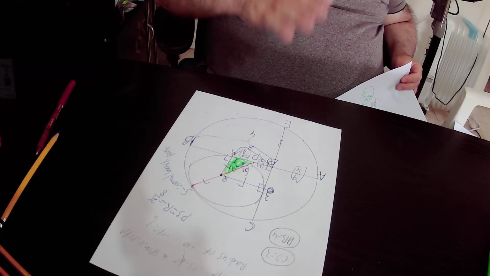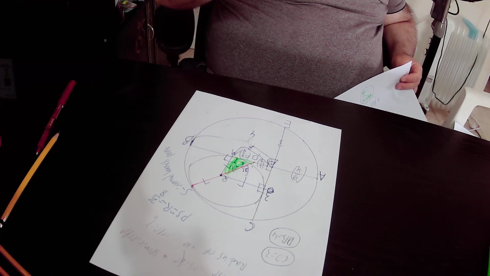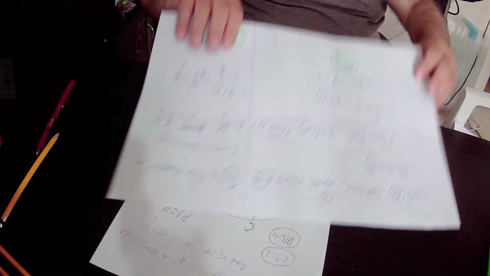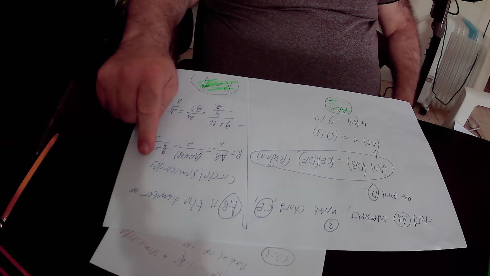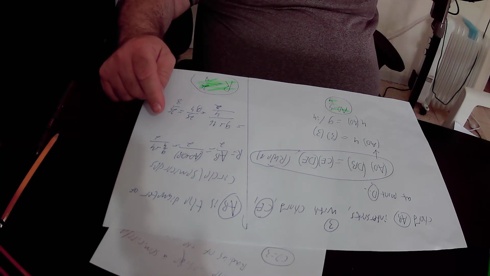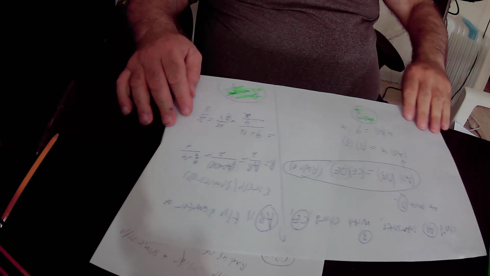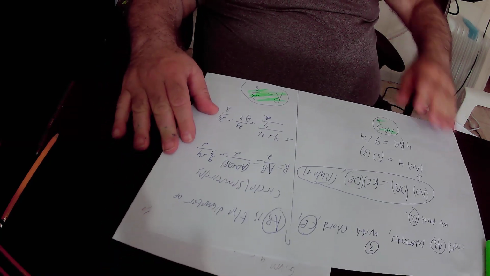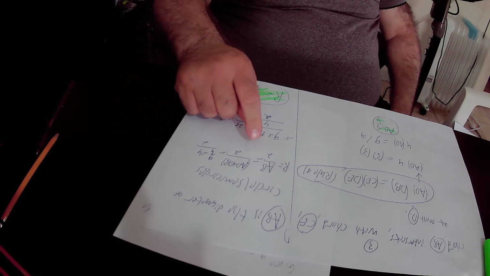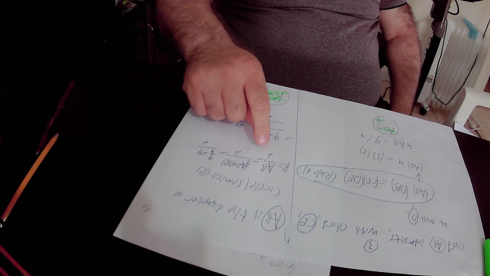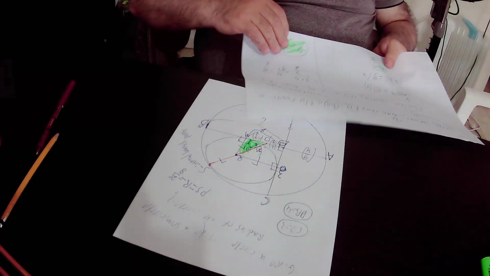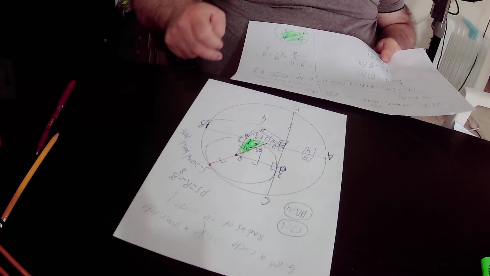We will define this radius as capital R. So R will be equal to the diameter AB over 2. We know that the diameter AB equals AD plus DB.